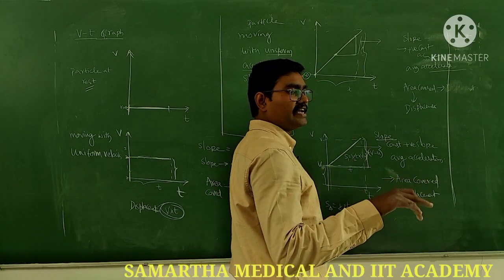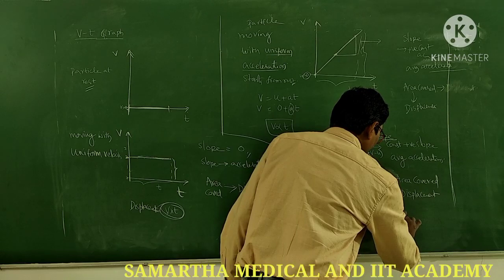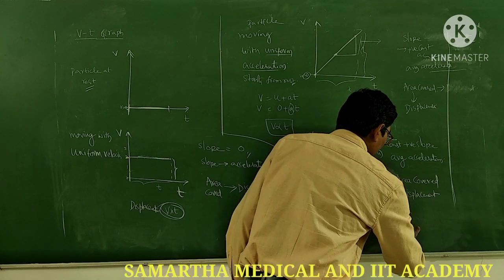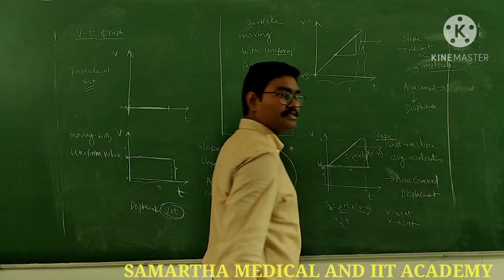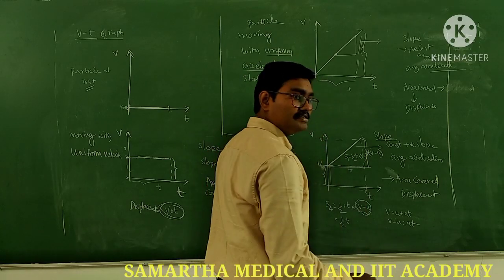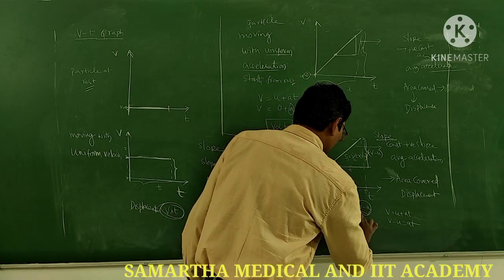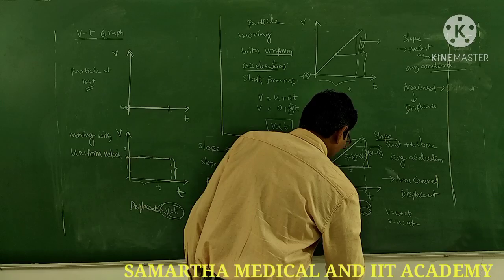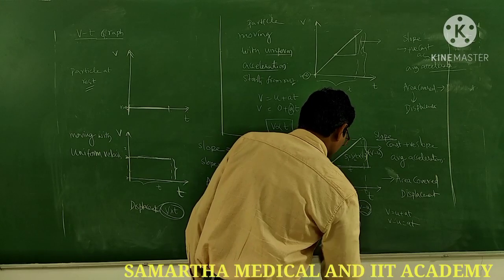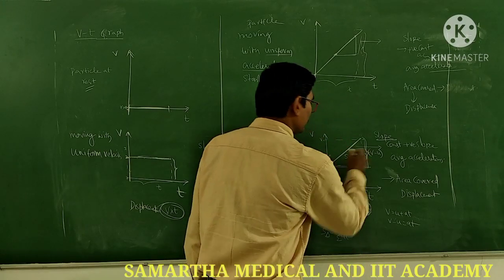Now you know that v is equal to u plus at. From this, v minus u is equal to at. So in place of v minus u you can write at. So S1 is half at square. That is for the triangle area.